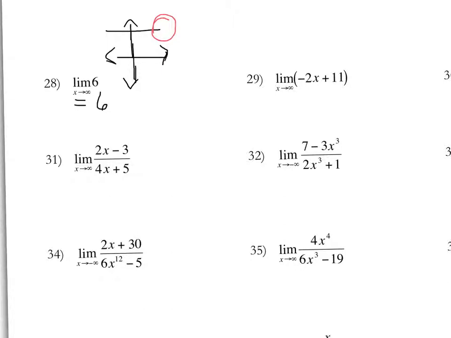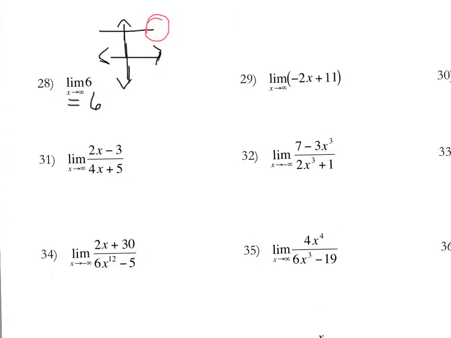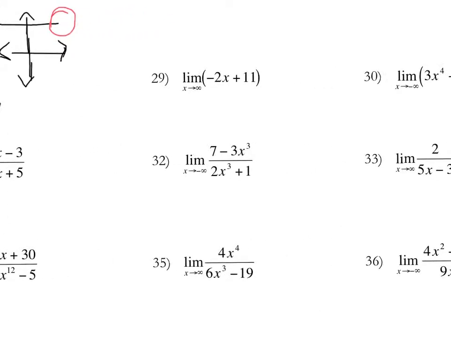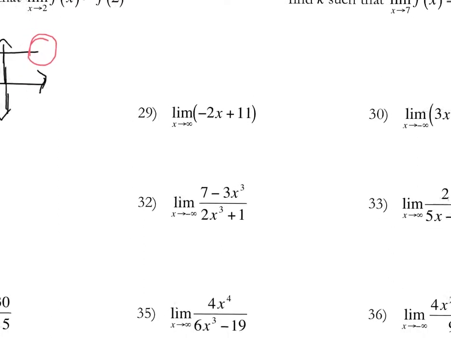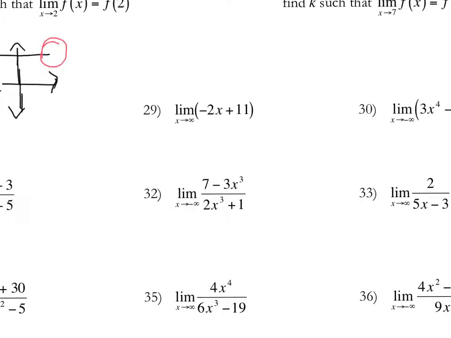I also use a graph to picture this next one, number 29. If we think about what the graph of that would look like, let's see if I can draw a better graph this time. On the basic xy axis, I want to think about the function negative 2x plus 11. We know that's a line, intercept at 11, negative slope of 2, so we've got something generally of this shape.